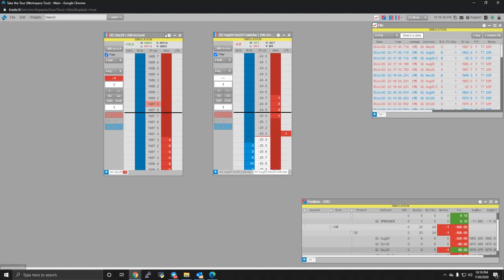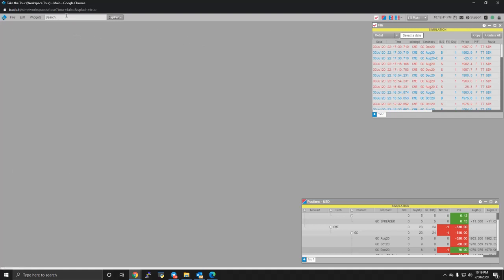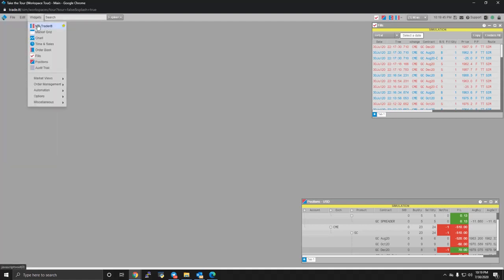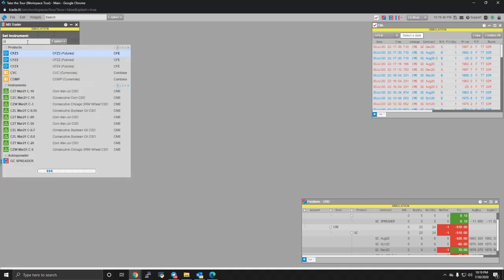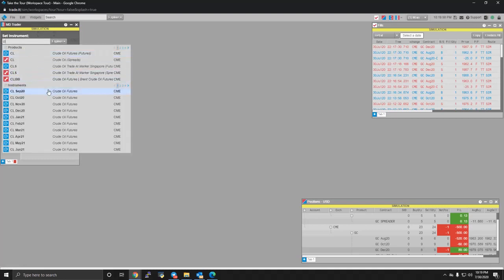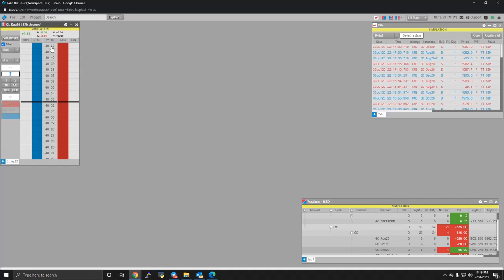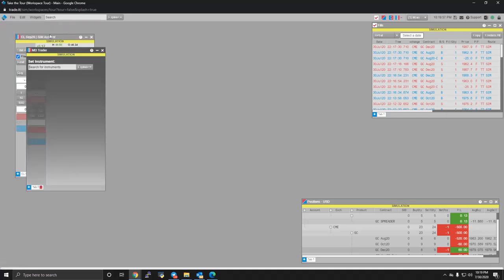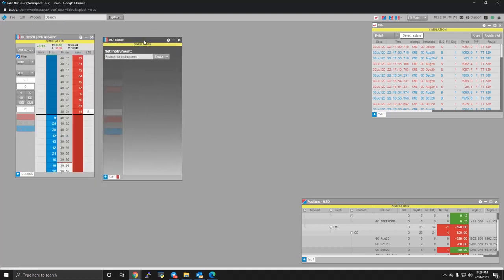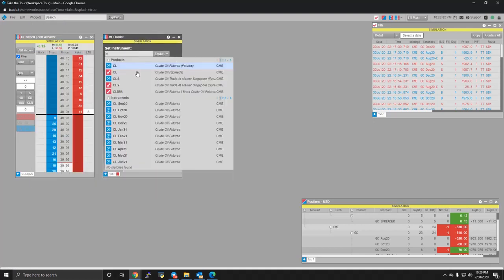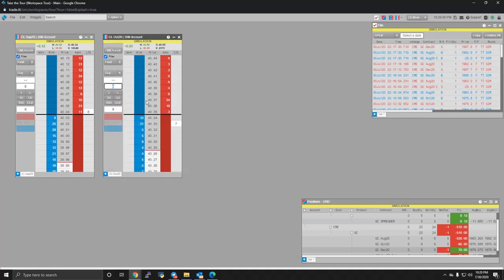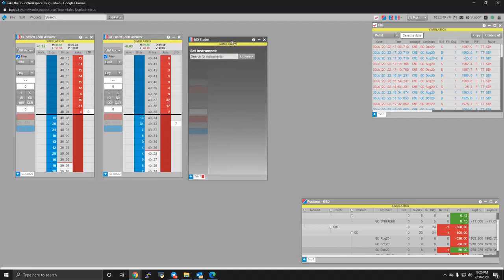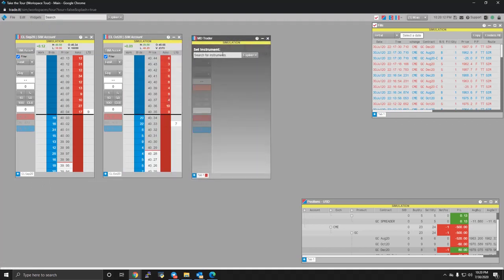So let's open up some crude contracts just for this example. So we're going to type in CL, the product code for crude, and the front month. We can do SEP for the front month. Yeah, there's a market there, and we can do October for leg 2, and then we can pull out the calendar spread for leg 3.